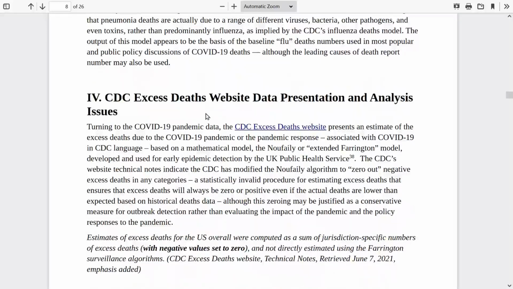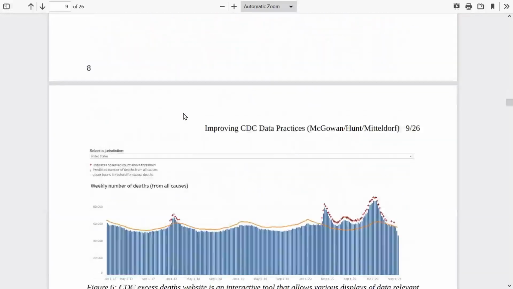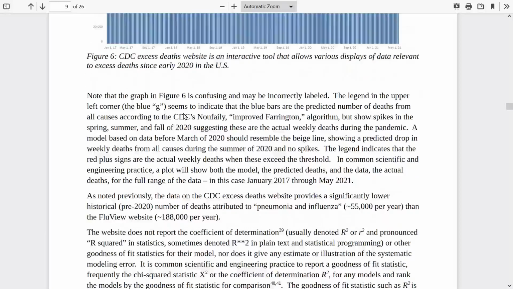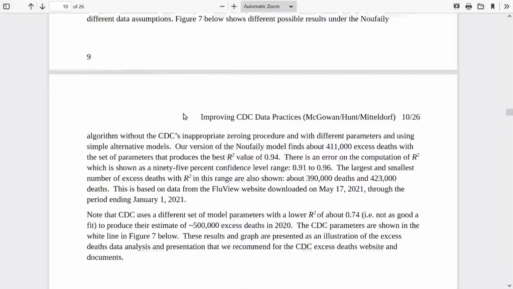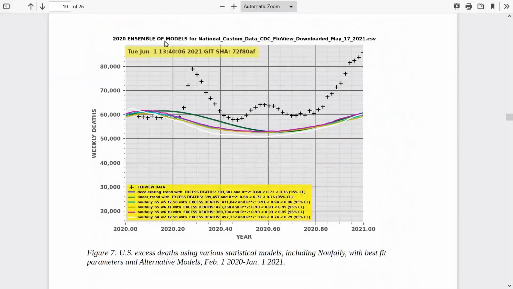There are many other issues. I'm not going to go through them all here. You can read the abstract and so forth. This is the excess deaths, which again is a complicated issue actually. The black plus signs are supposedly the weekly deaths in the last year or so, and these different colored lines represent predictions from previous data that the CDC has of what you might expect to see in a normal year.